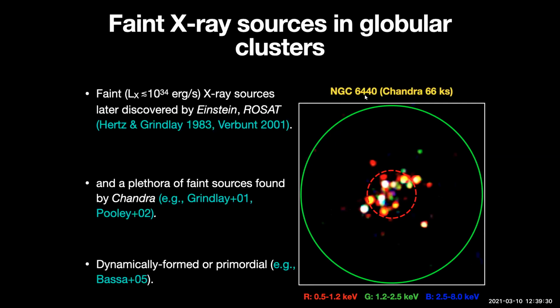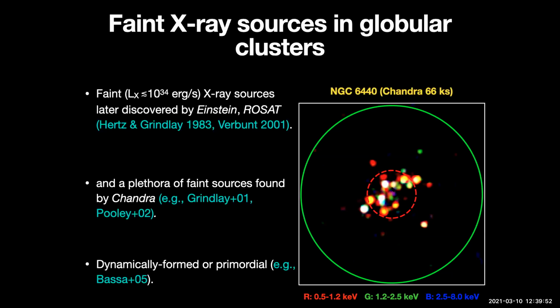NGC 6440 is one of the densest globular clusters and has a very concentrated distribution of X-ray sources, and some of them are very interesting to study. Two or three of them are low mass X-ray binaries, and there are several bright CVs and some pulsars inside. So it's a pretty interesting cluster to study.